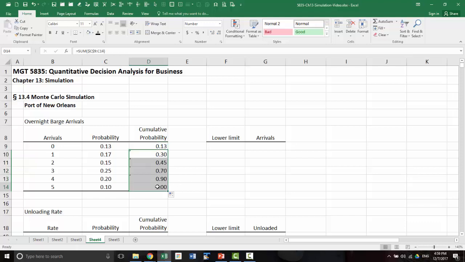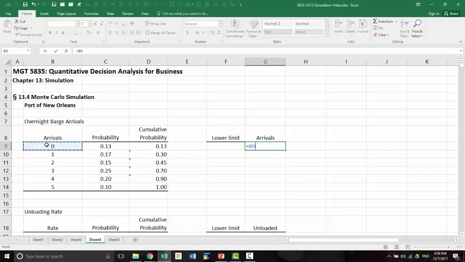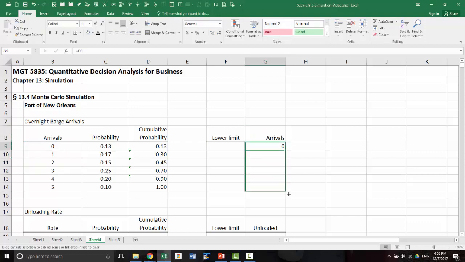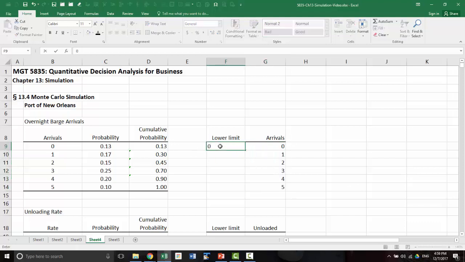Okay. So now we're going to set up the arrivals, and the lower limit for VLOOKUP. So arrivals there, right? Now the VLOOKUP lower limit, remember, is 0 for the first one, and then it is the cumulative probability of the previous one.